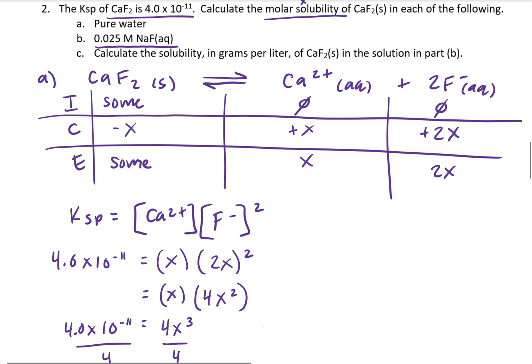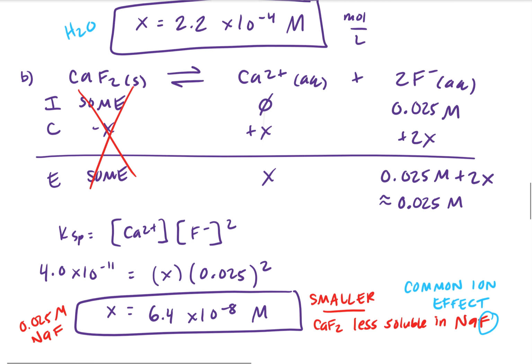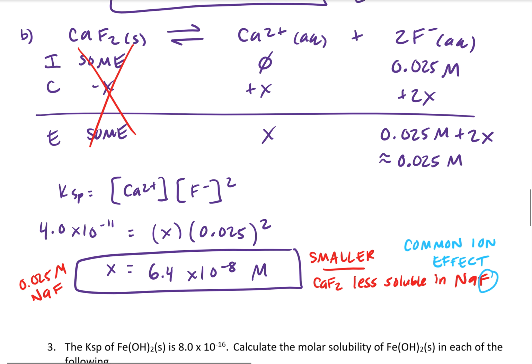Okay, for part C, we're going to calculate the solubility in grams per liter in the solution from part B. So part B, X is in terms of moles per liter, and they would like for us to convert the moles per liter into grams per liter.